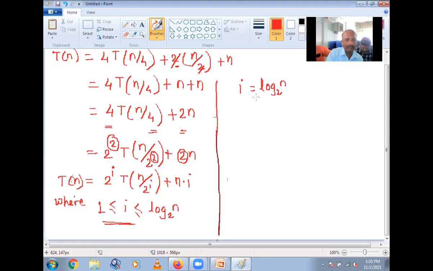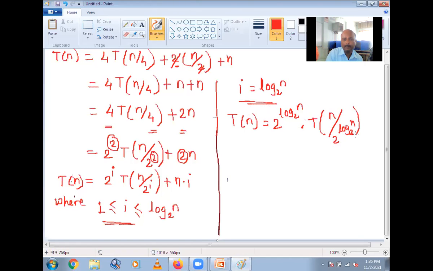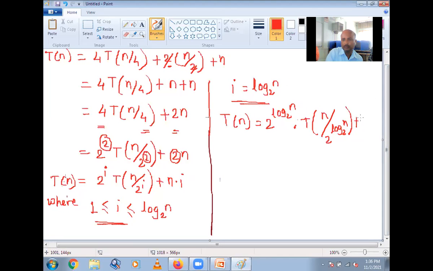Putting the value of i in T of n, T of n is equal to 2 raised to log 2 raised to n into T of n by 2 raised to log 2 raised to n plus n into log 2 raised to n.